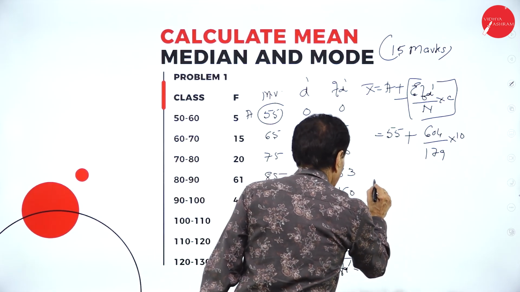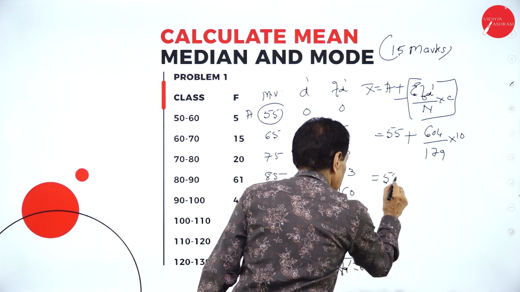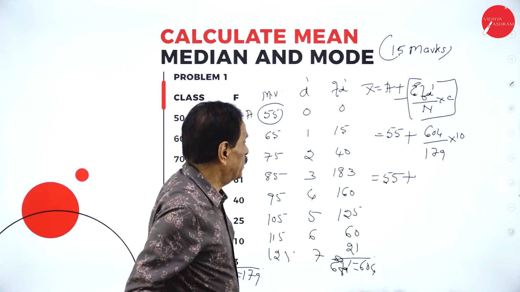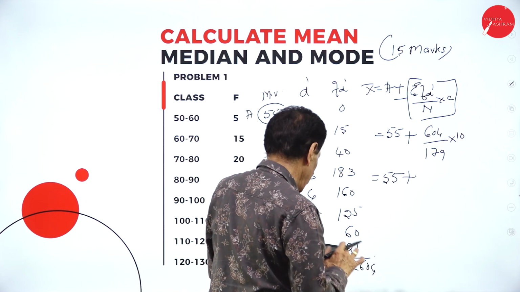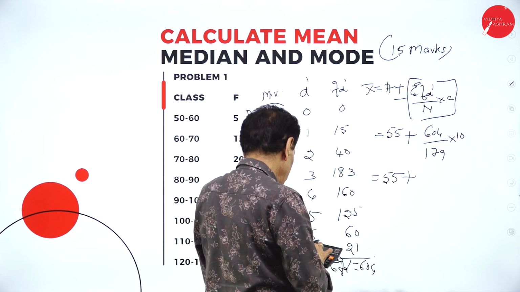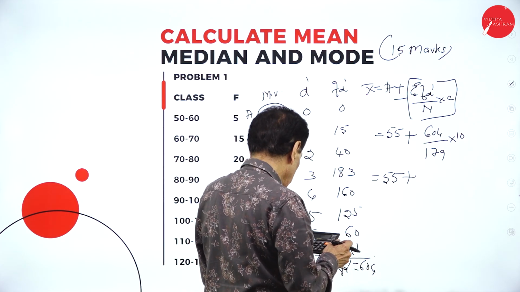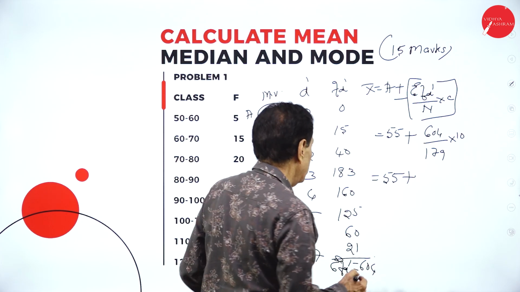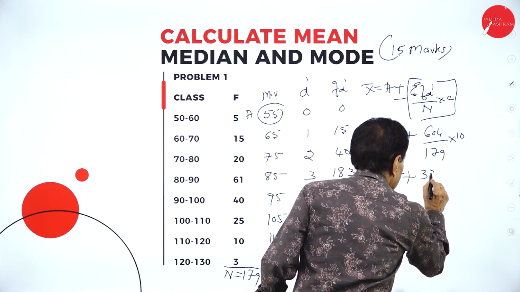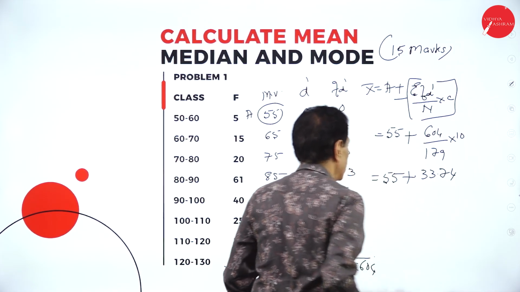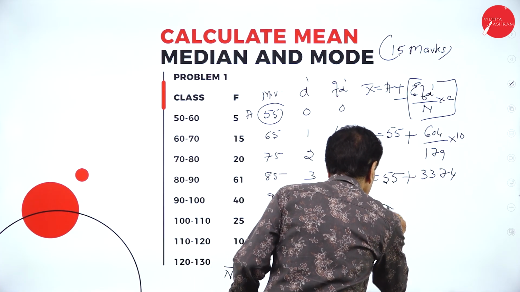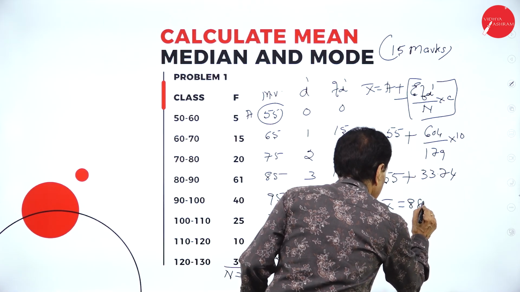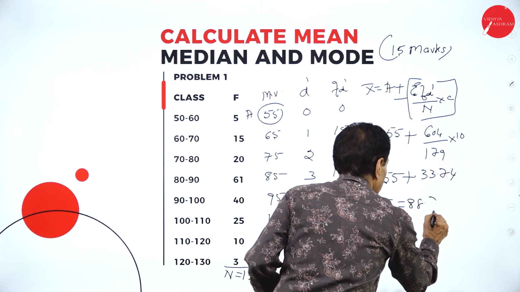So 55 plus 604 into 10 is equal to 6040, divided by 179 is equal to 33.74. 33.74 plus 55, mean is equal to 88.74.